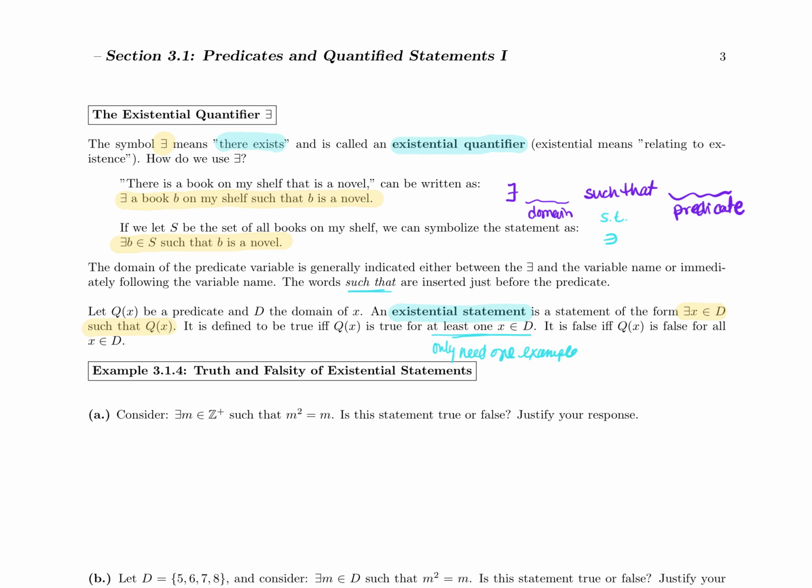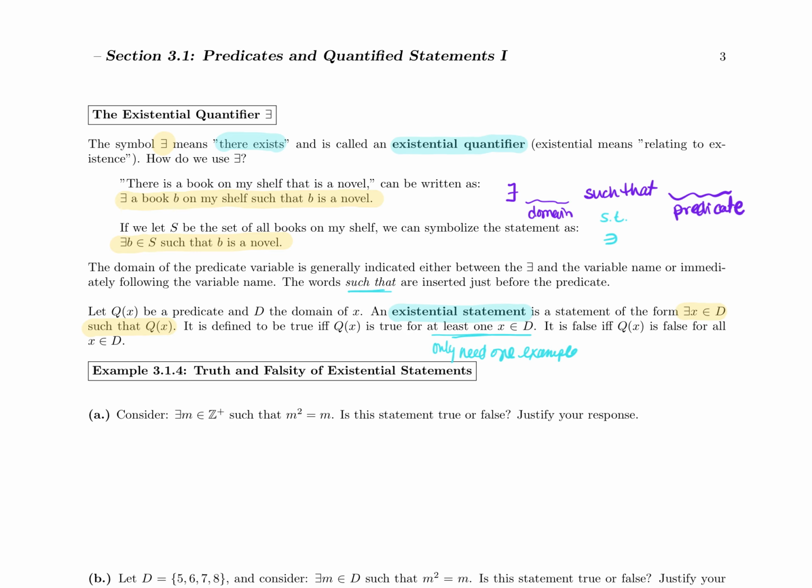And so you're starting to see that there is definitely a relationship between the universal and existential quantifiers, very similar to the relationship between and or that we saw in logic. Because a universal statement has to be true for all, and it only takes one counterexample to show that it's false. On the other side of that coin, you have a there exists, which only needs one example to show that it's true, but you have to show that it is false for every element.